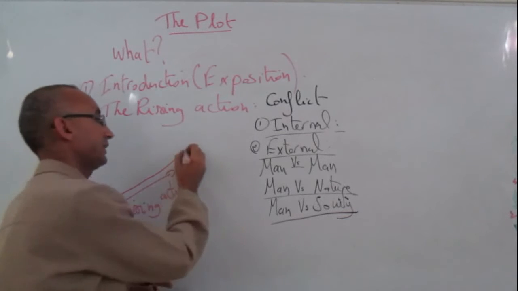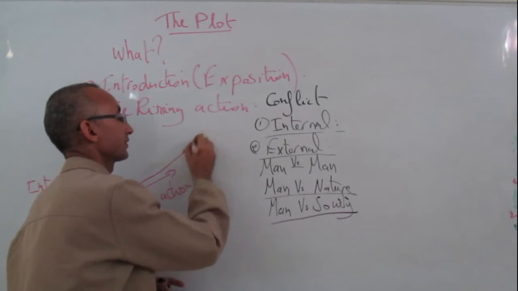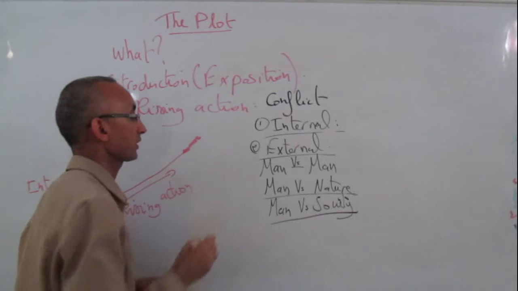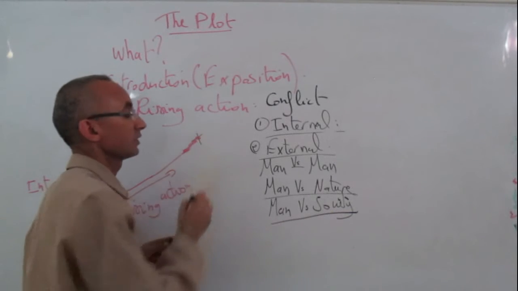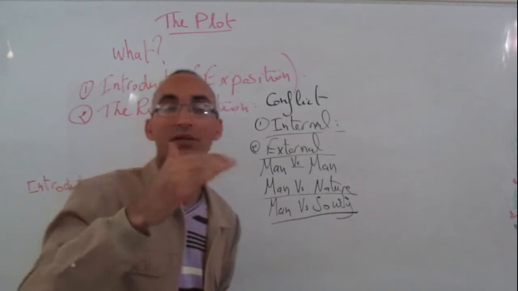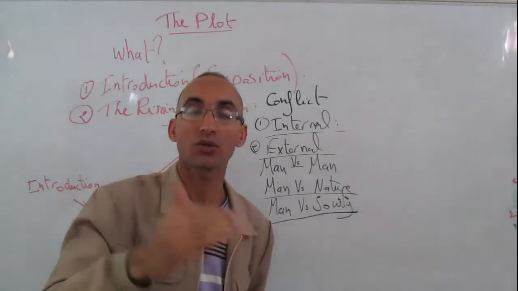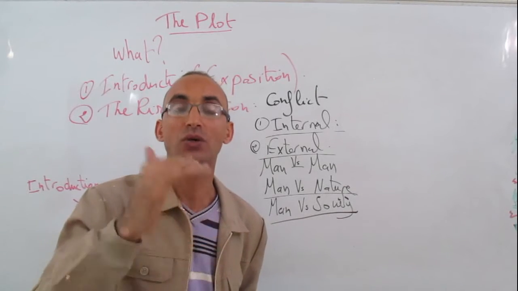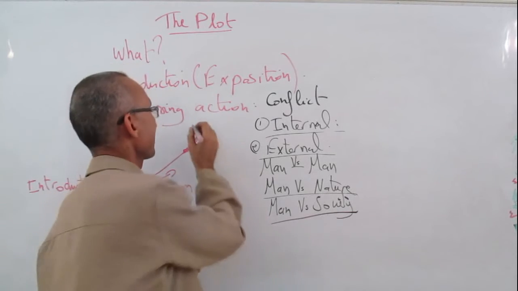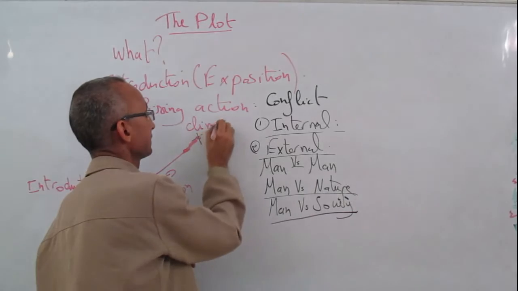Then here, when rise in action reaches its peak and the summit, right? The highest level of complication in the story events, it's called the climax.